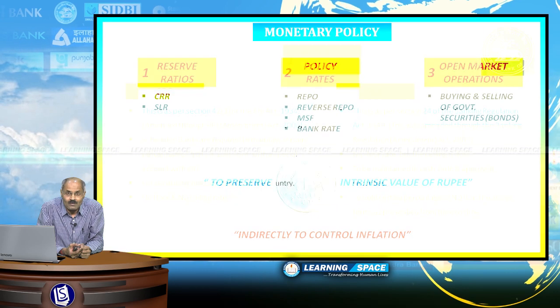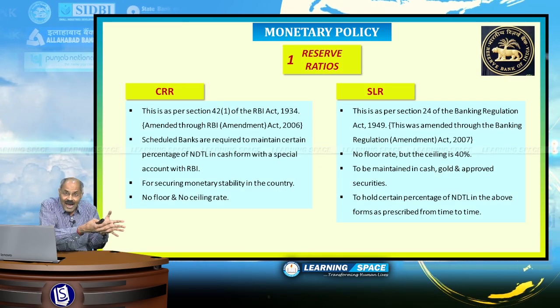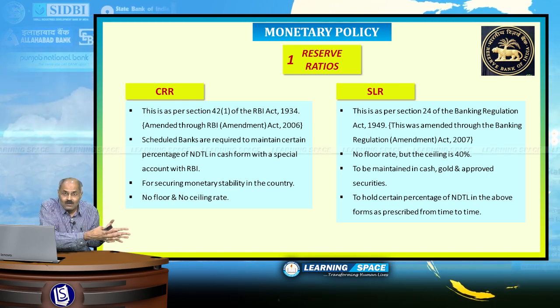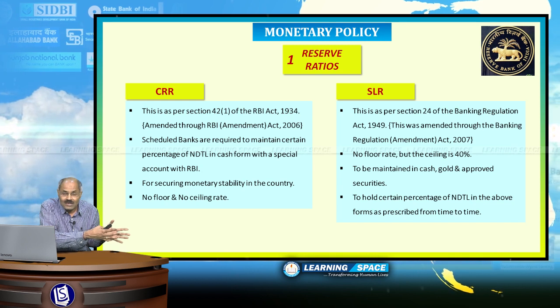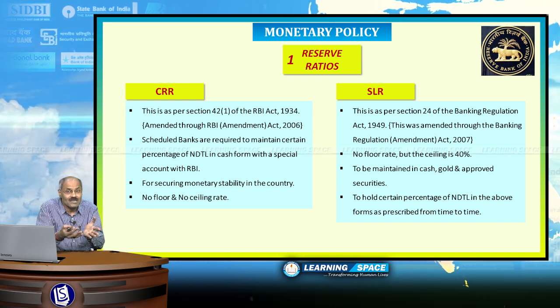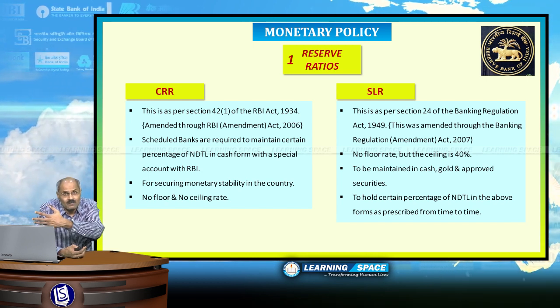Let us look at what the reserve ratio is. All of you are well aware, a certain percentage banks are required to keep in cash form. They are not allowed to use that money. A certain percentage, it may be 3%, 4%. I am not sticking to the figure because tomorrow it may change.